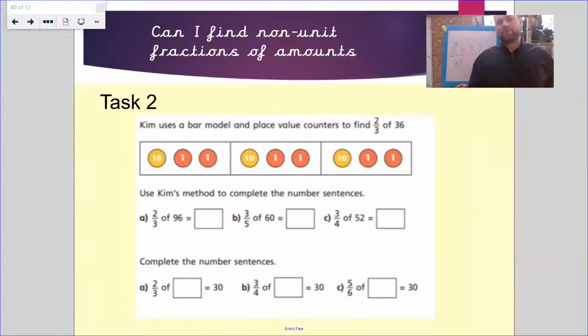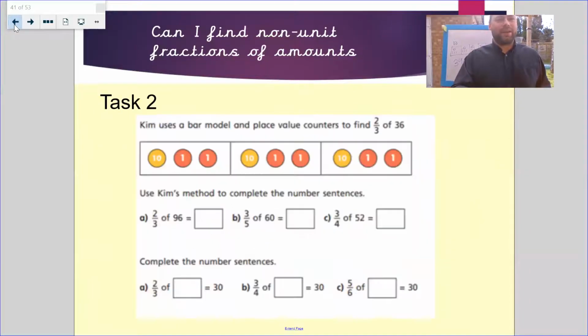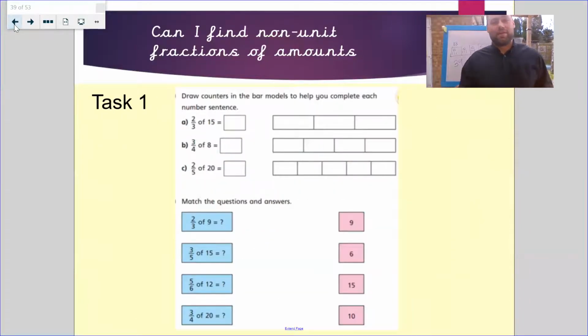And then again, post your work up onto Tapestry. But if you really want to push yourselves today, go on to task number 3 and answer these questions for me. Pause the video at each of the challenges that you want to do, and then I'm going to go through the answers. Okay, for this one, we go through the answers now.